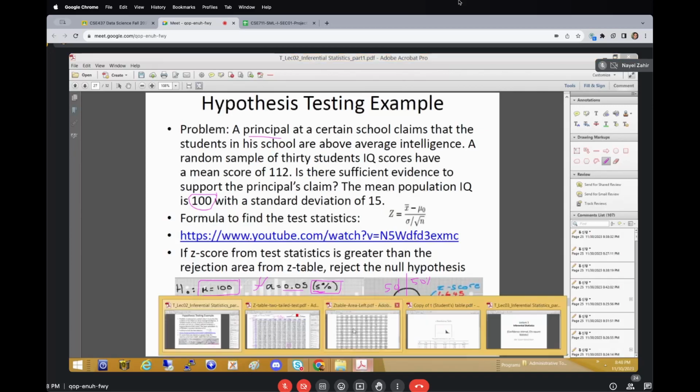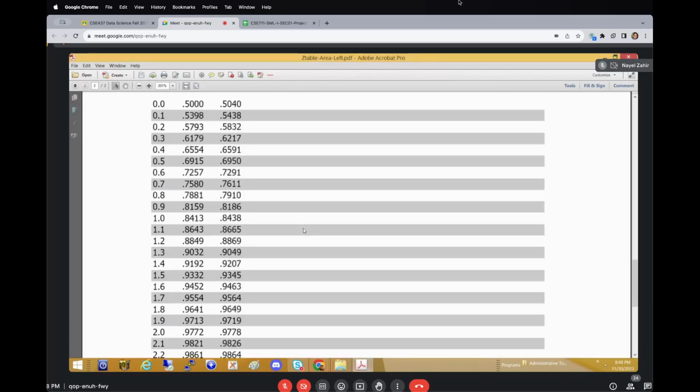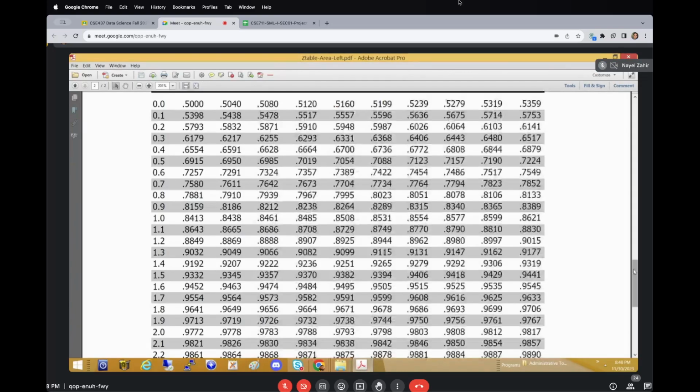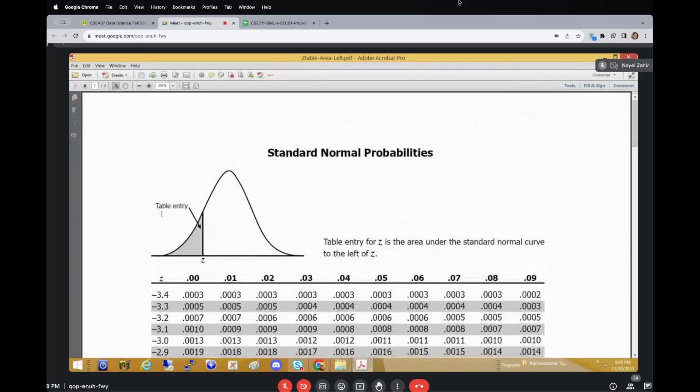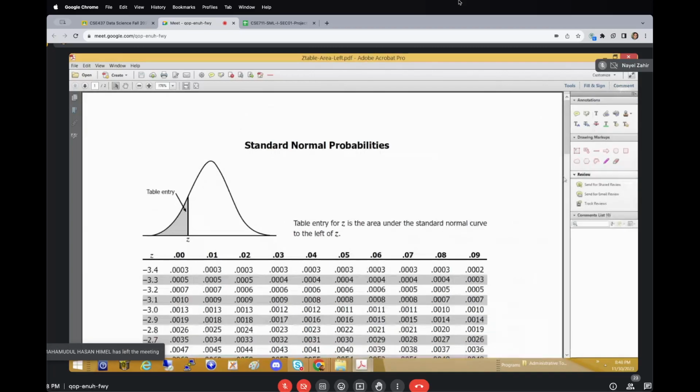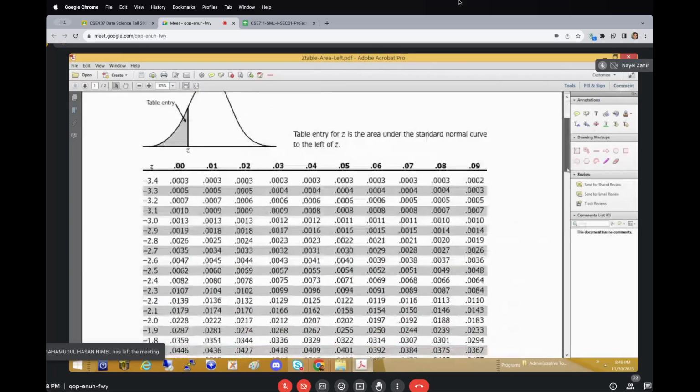So this is our Z table for left and Z table for right. This one is for the left. Actually, we need the Z table for the right, because our rejection area is on the right side. So we should not use this one.